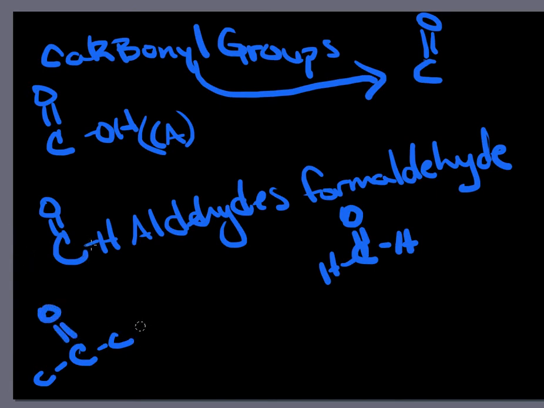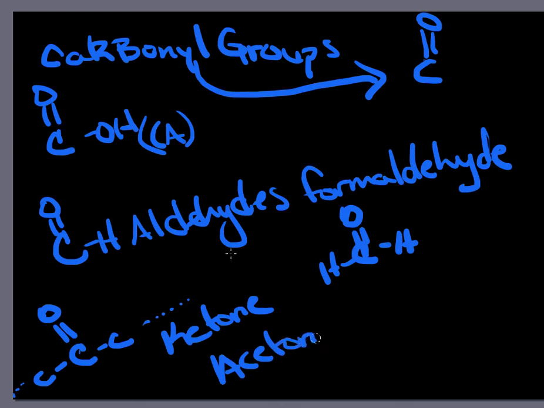And just to make sure you know, you can have carbons out the wazoo over here on both sides of this. But as long as you have a carbonyl group surrounded by carbons on the other sides, you have a ketone. And usually the ladies of the group are the most familiar with ketones, because nail polish remover is acetone.